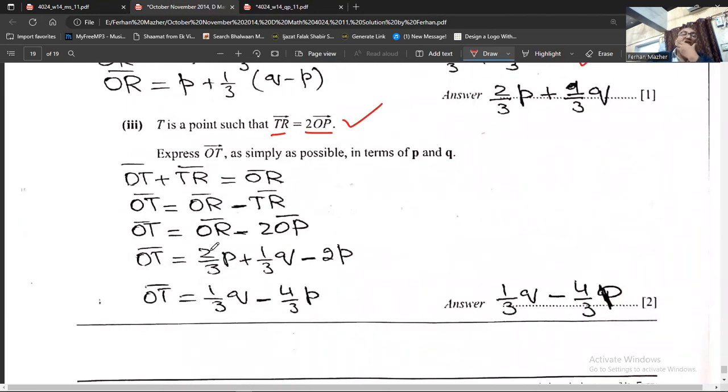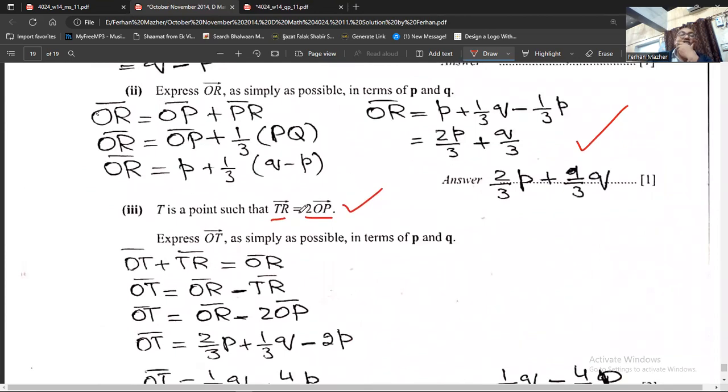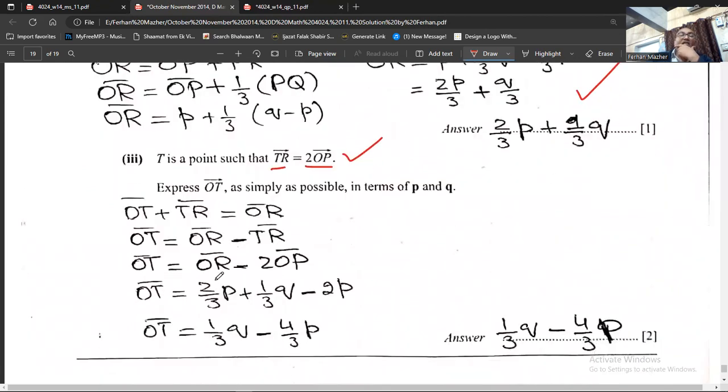Okay. So the OR, we just found that. It is 2 by 3 p plus 1 by 3 q, and 2 times OP, that's 2 times p. So there we can take the LCM.